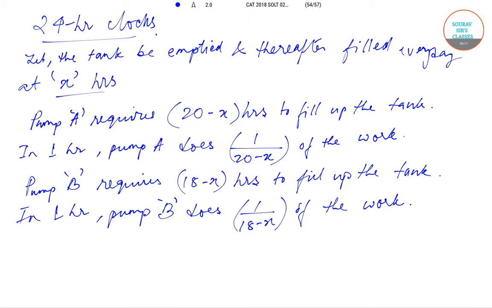So now what happens on Wednesday? On Wednesday pump A worked up till 5 p.m. and then pump B worked from 5 p.m. to 7 p.m. and it filled up the tank.